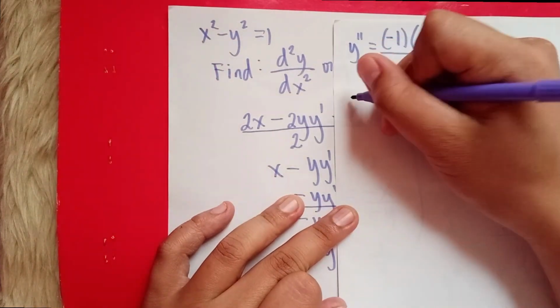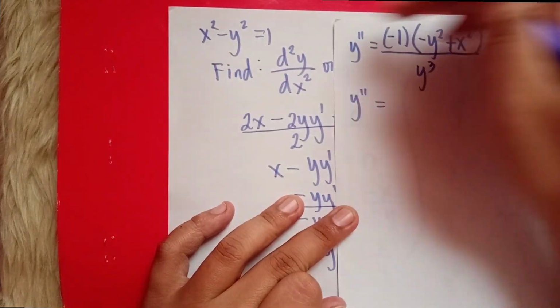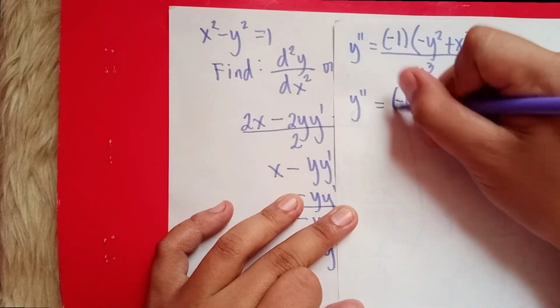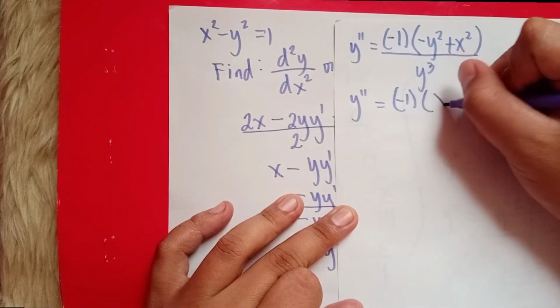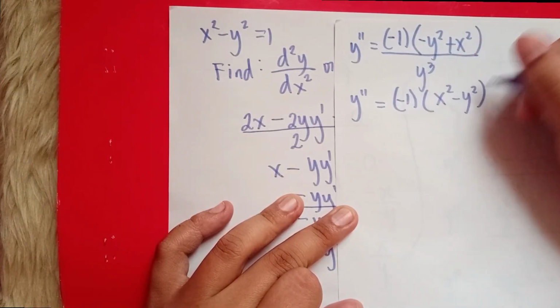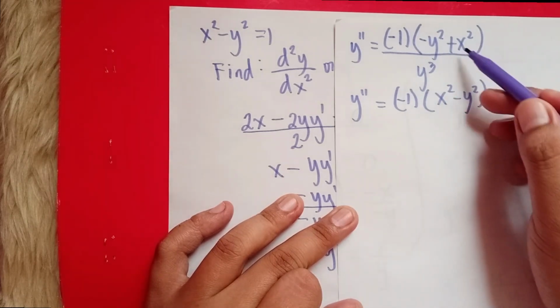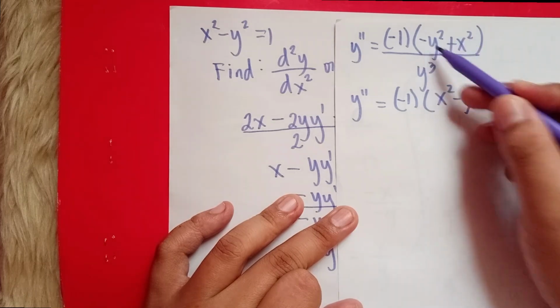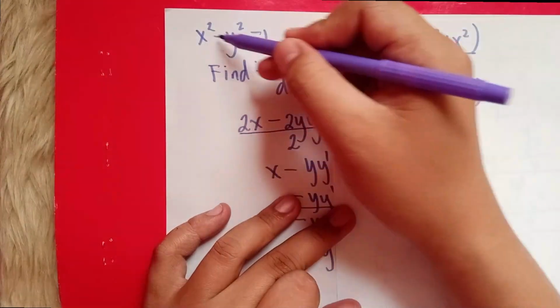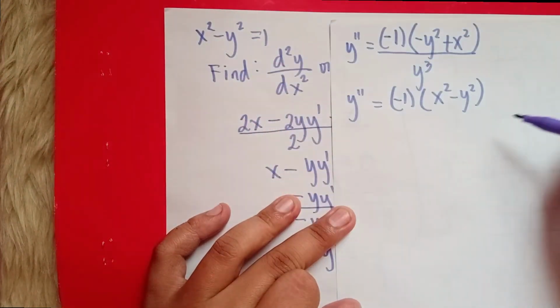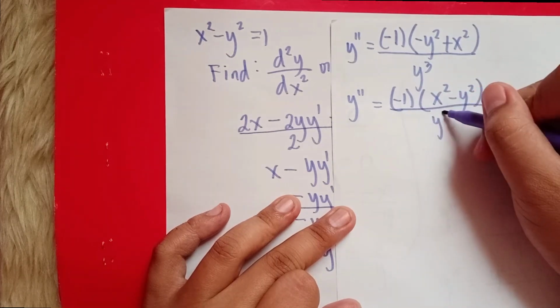So, para mas makita nyo yung pagkapareho nila, i-arrange ko mga boss. Unahin ko yung x squared minus y squared. Okay. Wala naman pong kaso ito kasi commutative naman po yung addition. So, inuna ko lang yung x squared tapos minus y squared. So, kung titingnan nyo, pareho na mga boss. Tama? Okay.